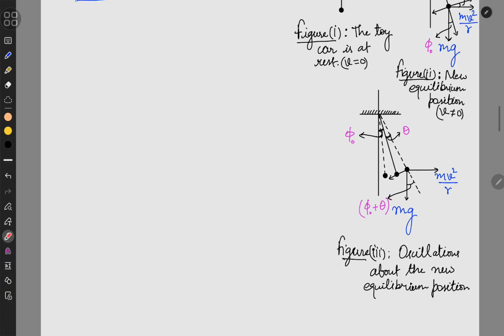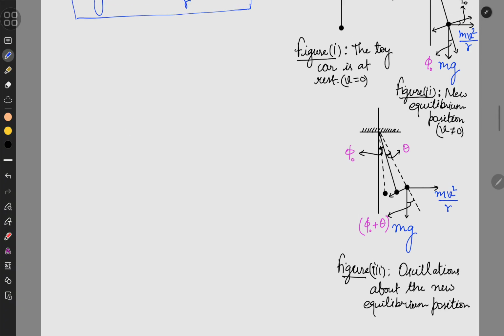Now the restoring force that will be acting in this case will be mg times, so we again have to take the component of this force in the direction which tries to restore the motion, to bring the bob back towards its equilibrium position. That will be mg times sine of phi naught plus theta.